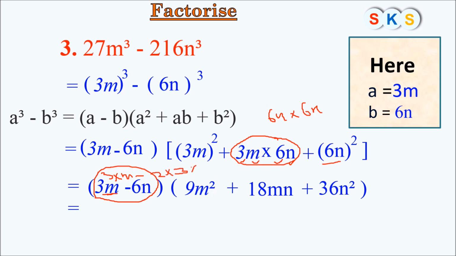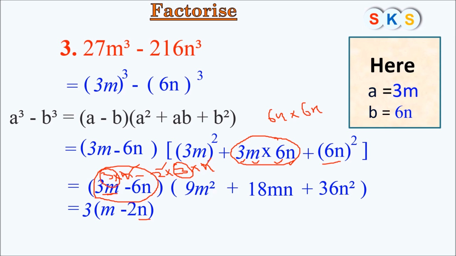So 3 is common, and we will take 3 as a common factor. If I take 3 as common, what will be left in the bracket? m minus 2n, right? You can see here m is left, and here 2 into n is 2n. So you'll get 2n. Correct?